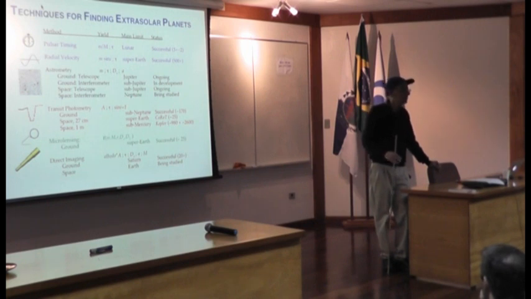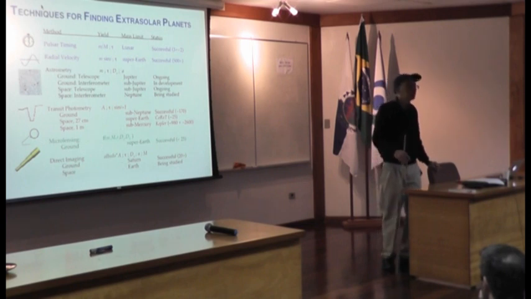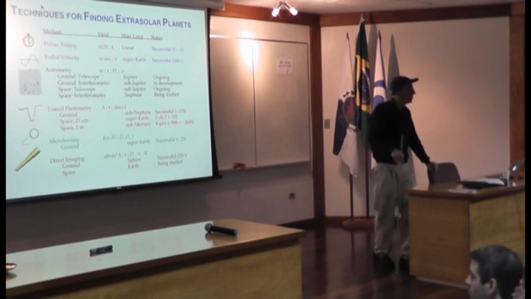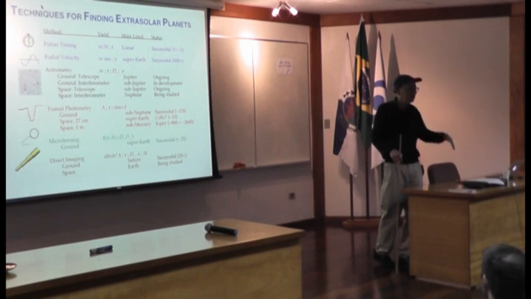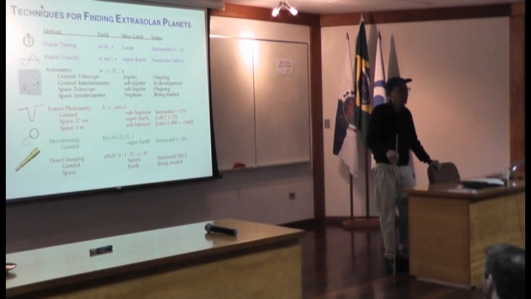When they started finding planets with radial velocity, they were trying to use astrometry to determine what the tilt of the orbit was. And they made several claims. And let's put it this way, they've been at this for over 150 years, and they still have a perfect record. Nothing right.